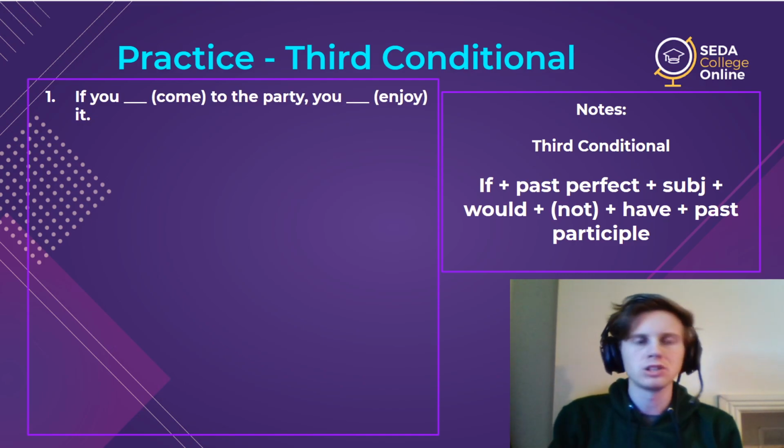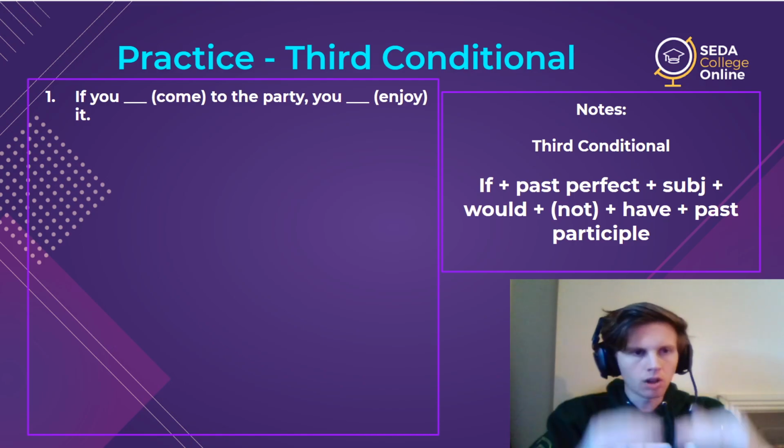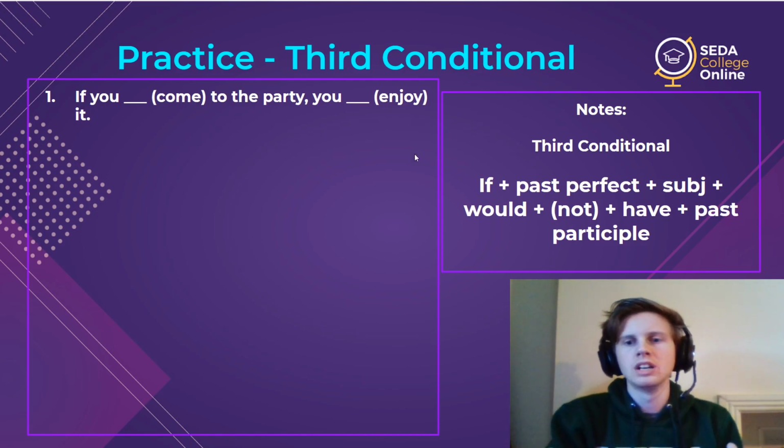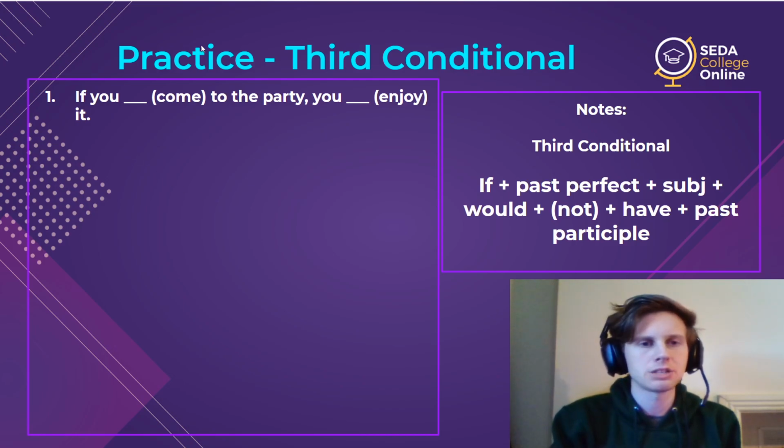If you, to the party, you, it. Yeah, so this third conditional, all of them will be third conditional. So you just want to try to use this form correctly. If you, to the party, you, it. So we need past perfect of come, and then past participle for enjoy.